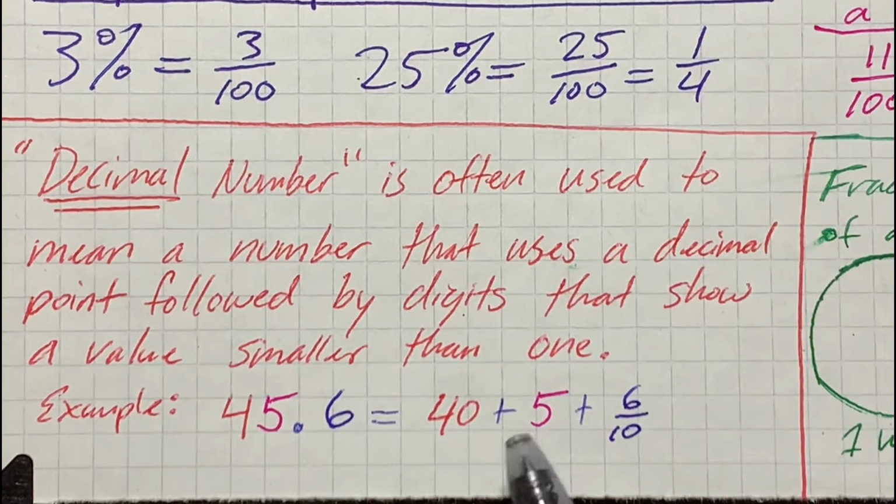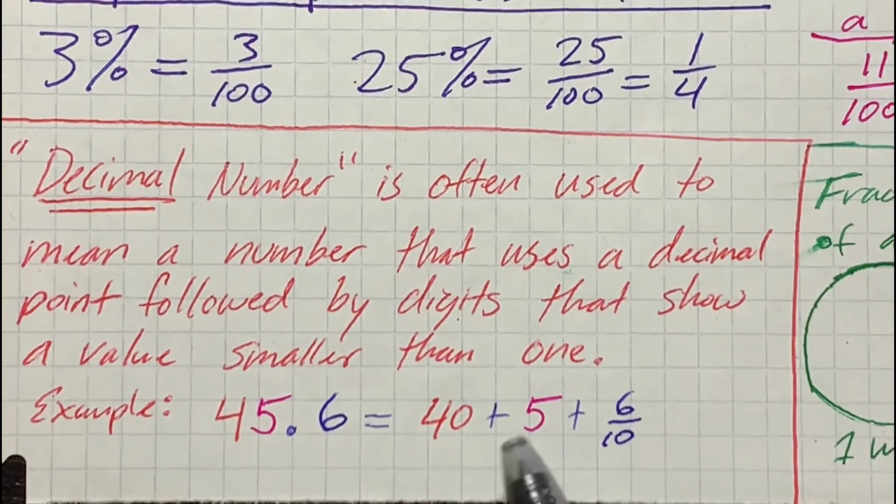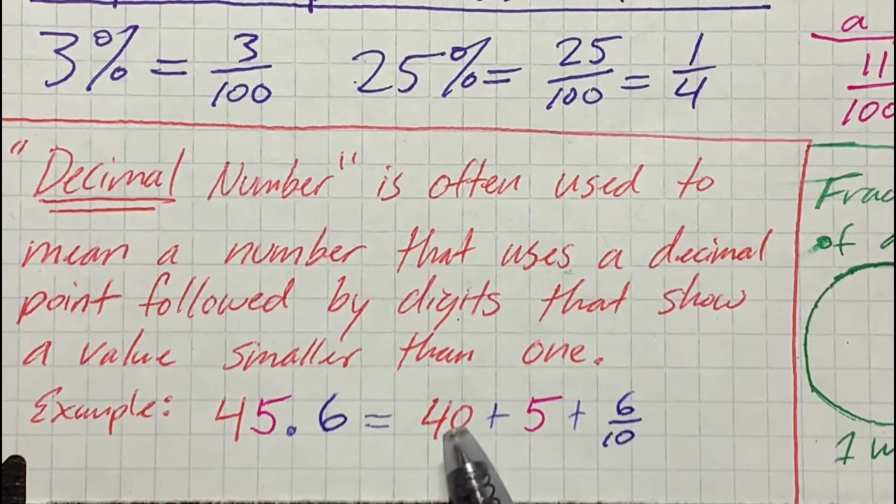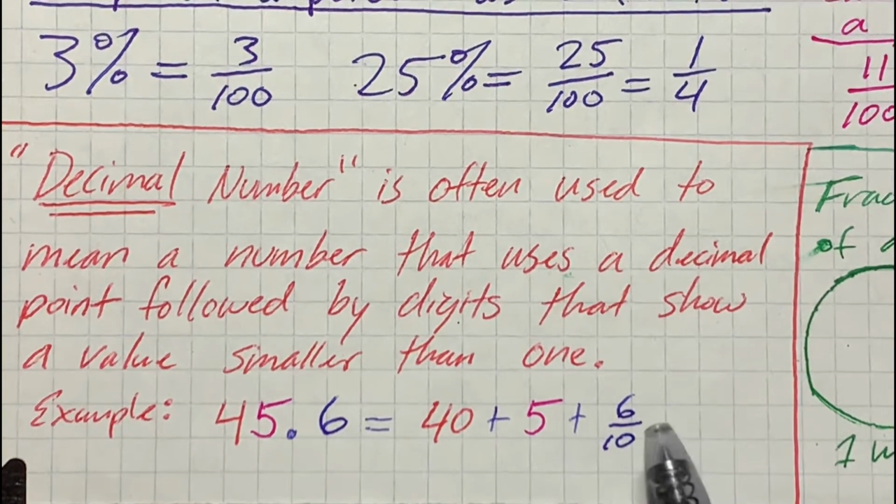We have 5 ones, so that's just 5. And then we have 6/10. Okay, so if we add 40, 4 tens plus 5 ones plus 6/10, we're going to have the decimal 45 and 6/10. Okay. So that's what we mean by a decimal number.